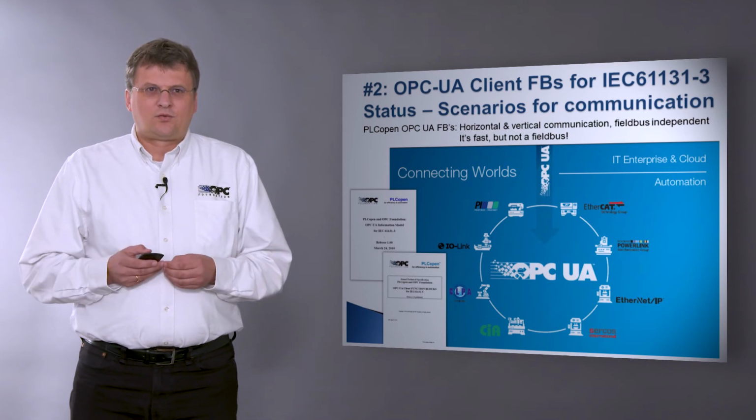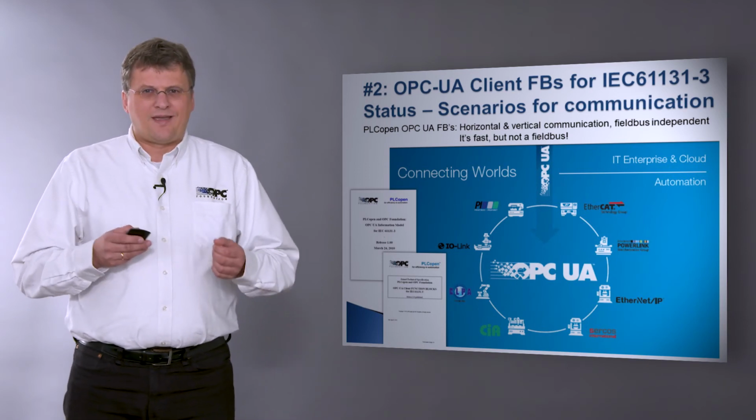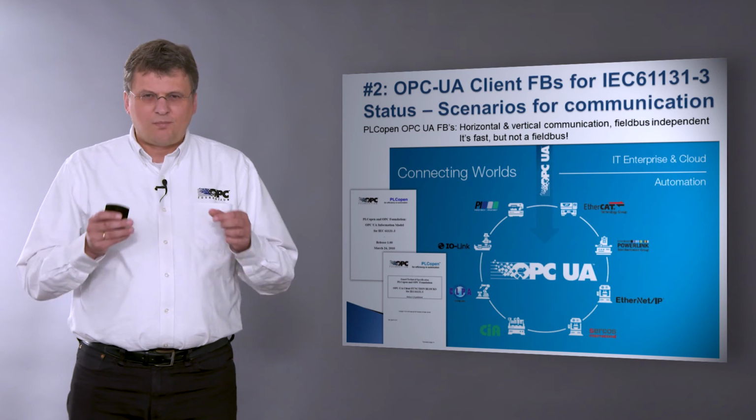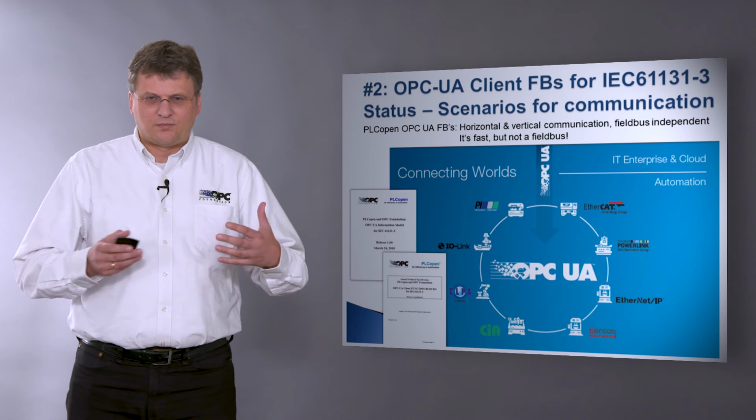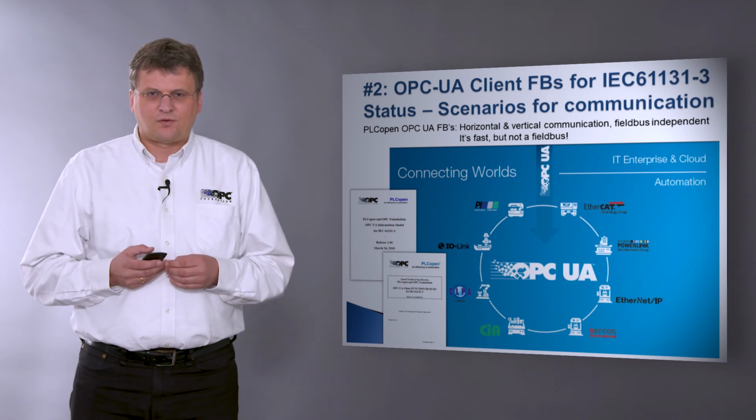Overall, the goal is to establish a horizontal and vertical communication which is completely fieldbus independent between different systems from different vendors with their different fieldbus organizations and protocols. But remember, it's really fast, but this is not a deterministic system, it's not a deterministic communication.